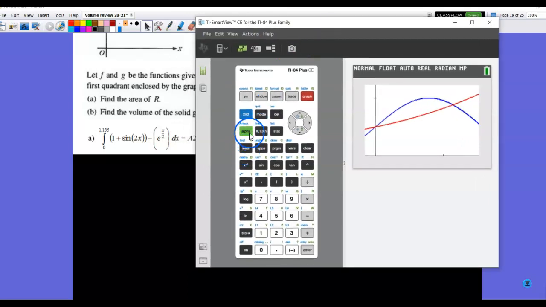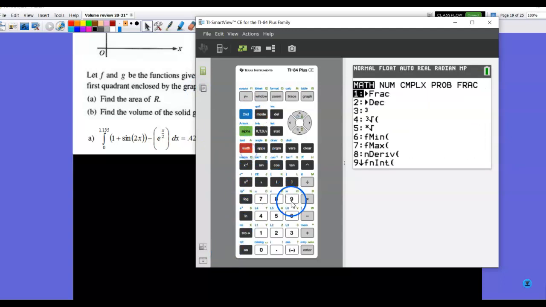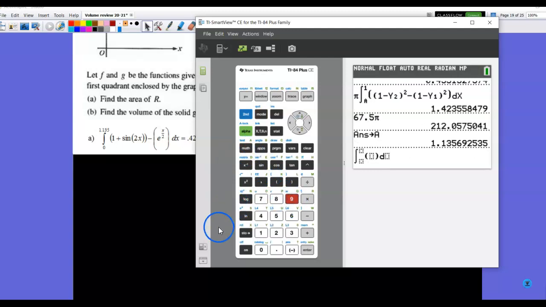So now I'm going to go to second quit, and I'm going to do the integration. I'll run through that one for you. Math number 9. Lower bound is 0, I'm just going to type that in. Upper bound is alpha A. Now I'm going to have the top curve, which in my calculator is y1.